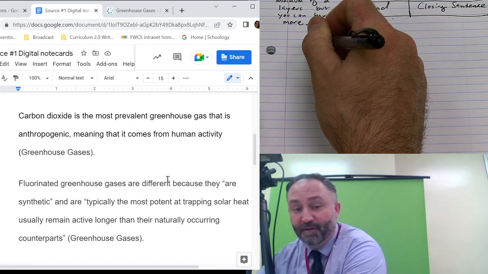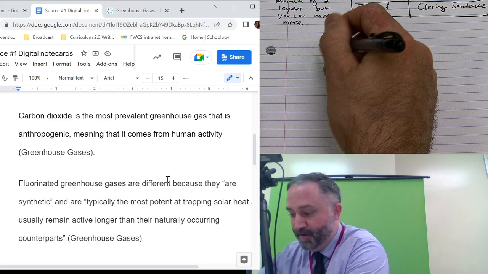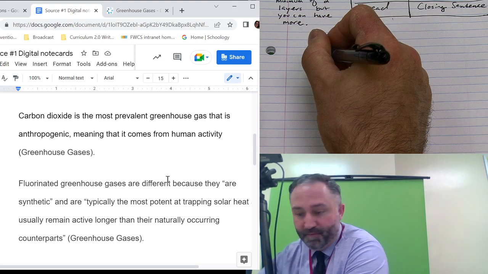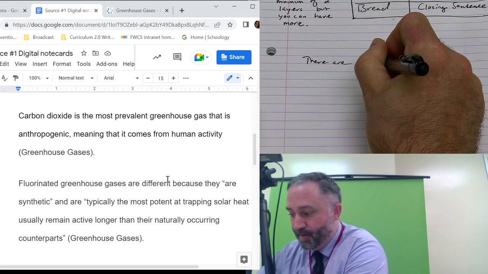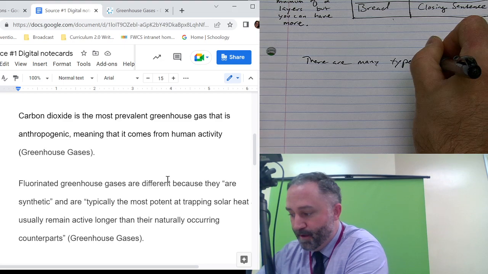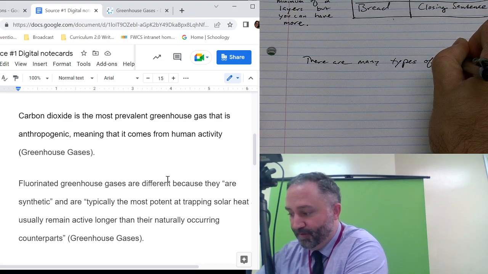So the topic sentence we're going to start with is: there are many types of greenhouse gases that affect the atmosphere.